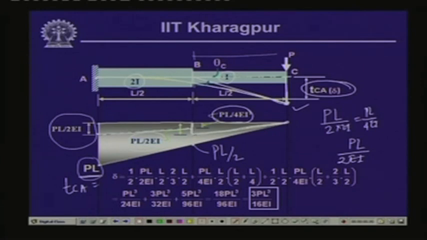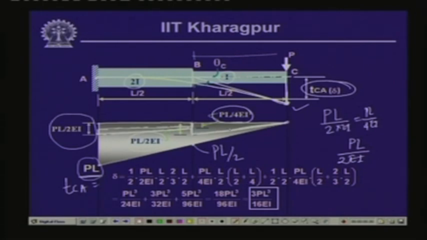One is this particular triangle, and then we are left with this trapezoidal area, and this trapezoidal area we can divide into 2 parts. One is this rectangular part with ordinate PL by 4EI, and then this is the triangular part which is having PL by 4EI as the ordinate. So, if we take the moment of all these 3 areas with reference to point C, then let us see what we get.